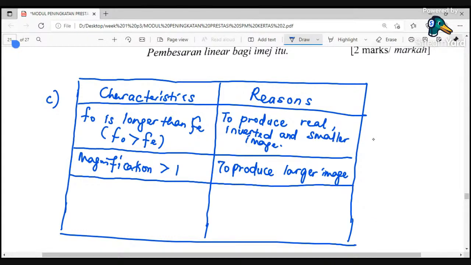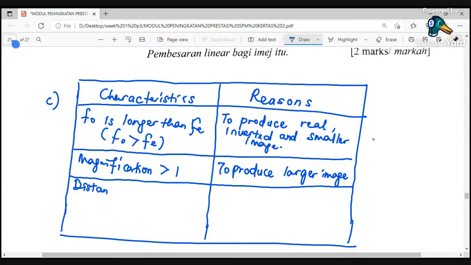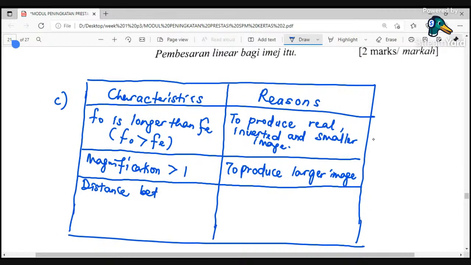Okay, the third one, separation distance. Distance between lenses is FO plus FE.